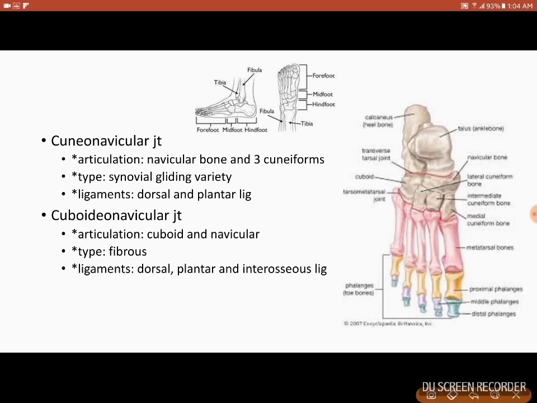So take note that the hind foot is your subtalar joint, your midfoot is your mid-tarsal joint, and the rest of the joints, your cuneo-navicular, your cuboido-navicular, your intercuneiform, and your cuneo-cuboid, including your tarso-metatarsal, metatarsophalangeal, and your interphalangeal joints, are located on the forefoot.